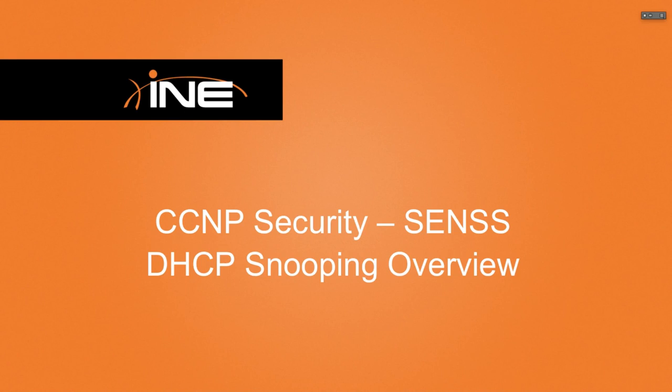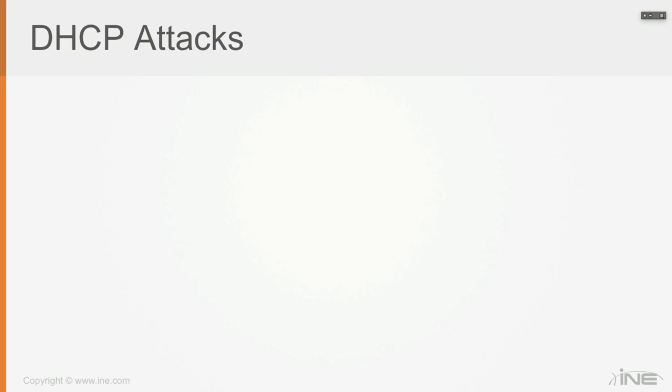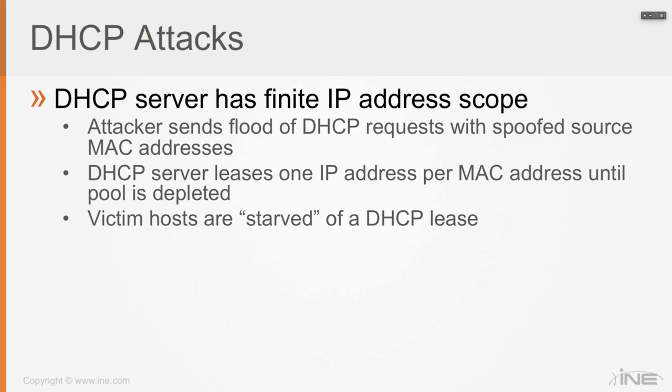So let's see why we would need this feature of DHCP snooping. We need it because of DHCP attacks. As we know, the DHCP server is going to have a finite number of IP addresses which it can lease to its clients. And we have a couple of variations of attacks.